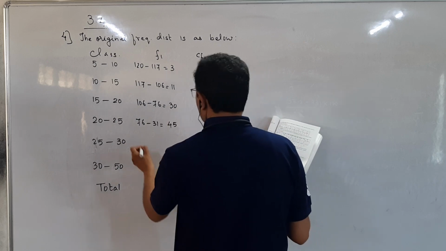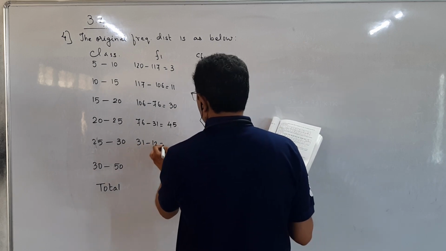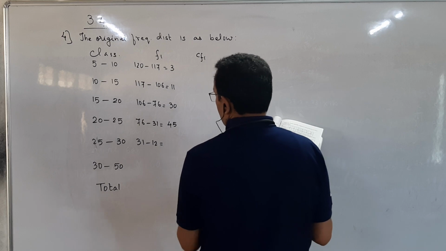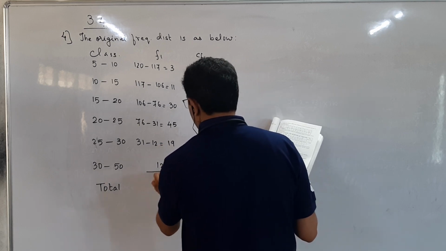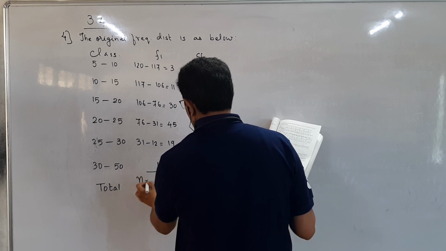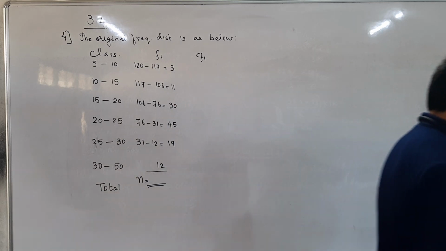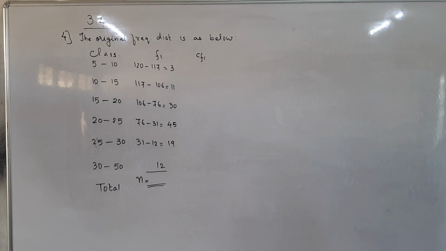Then 31 minus 12 will be 19, and the last frequency will be as it is, that is 12. So these are the individual frequencies: 3, 11, 30, 45, 19 and 12.